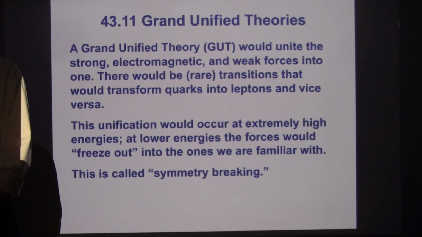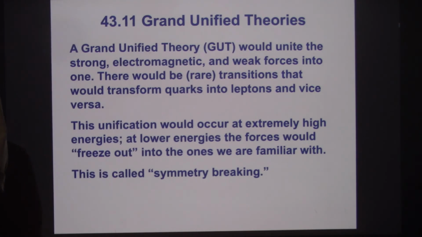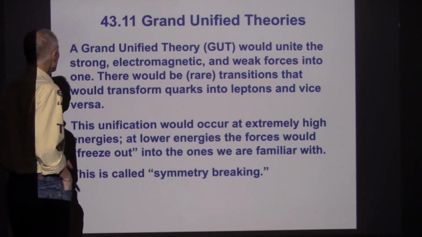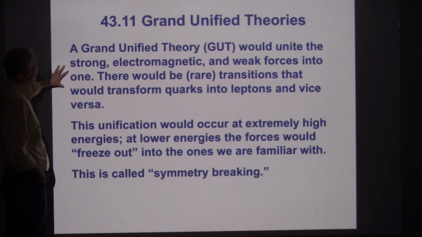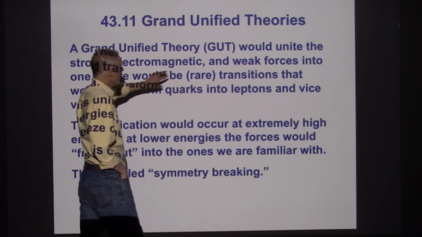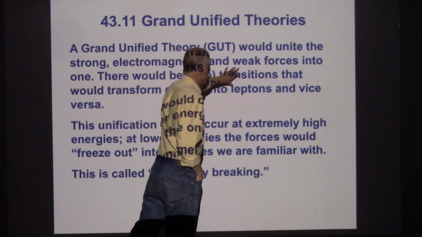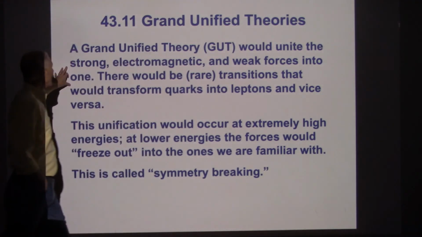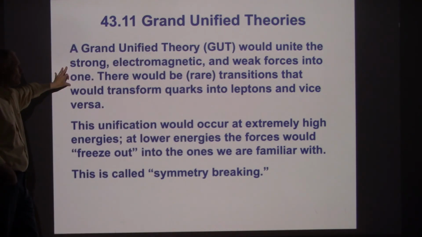Now there are what are called grand unified theories. What researchers have wondered about is it possible to take the electric and magnetic forces, combine them with the weak force, and then maybe even combine them with the strong force?